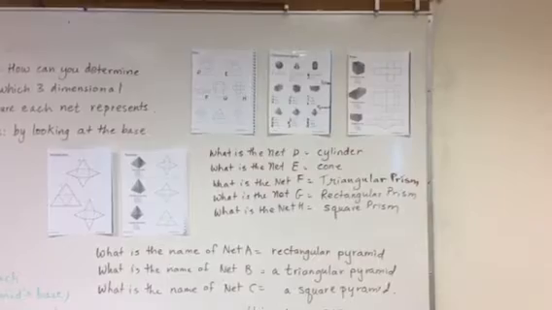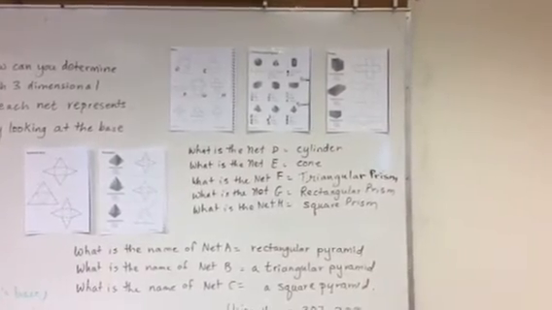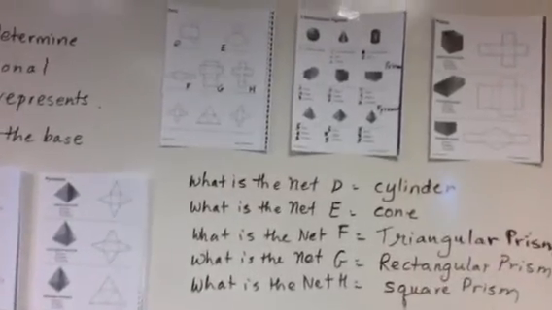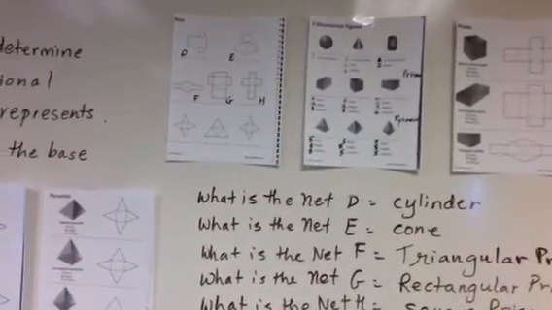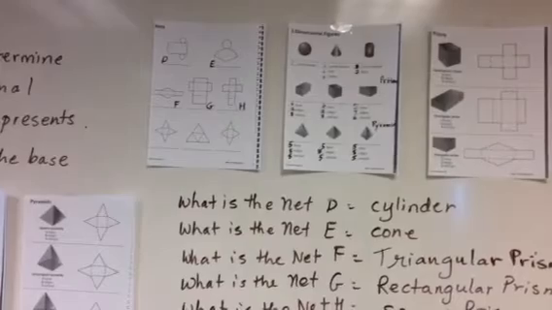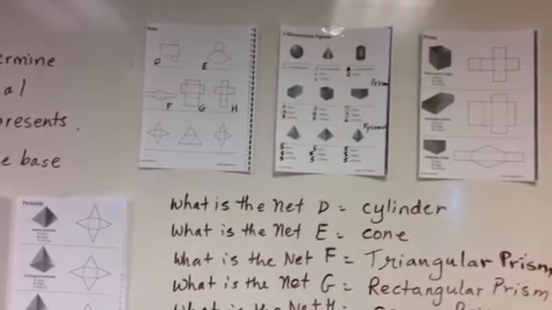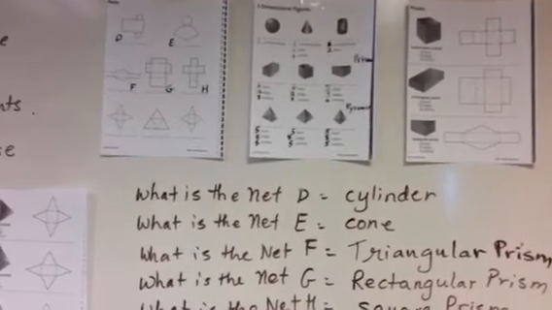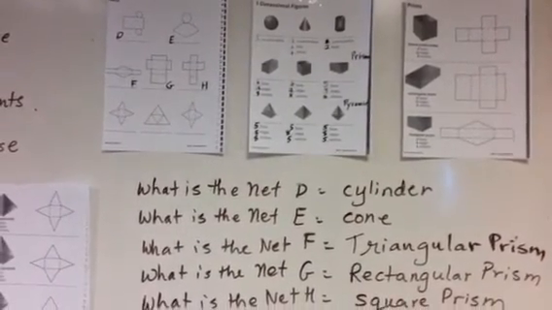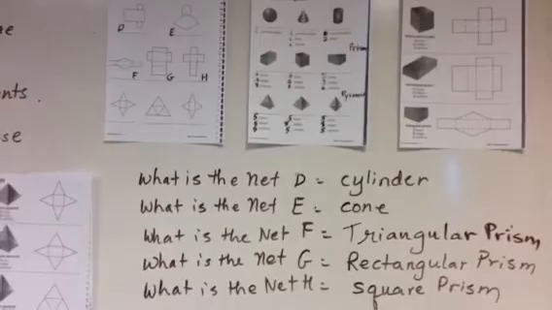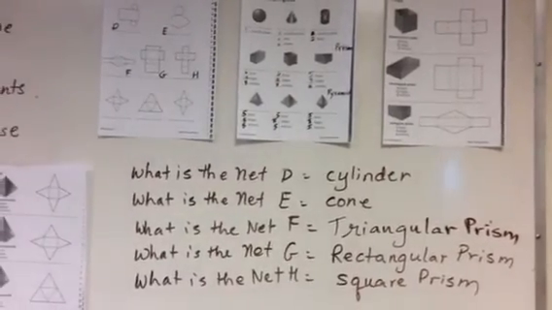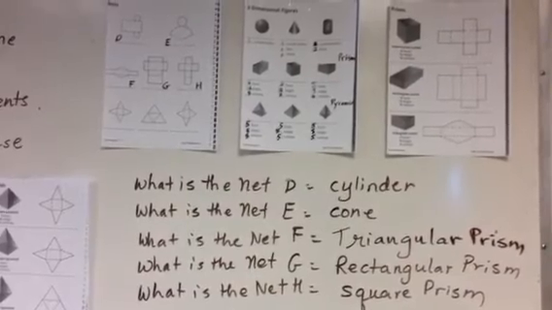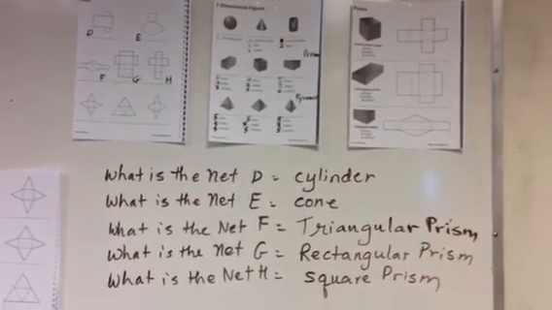And then I had up here too, what is net D called? A cylinder. What is net E called? A cone. Okay, I can zoom in there and you can see net D, that is a net. Net means a flat diagram of a cylinder. And net E is a cone, an ice cream cone. What is net F? It's a triangular pyramid. What is net G? It's a rectangular pyramid. Oh, these are prisms, sorry.